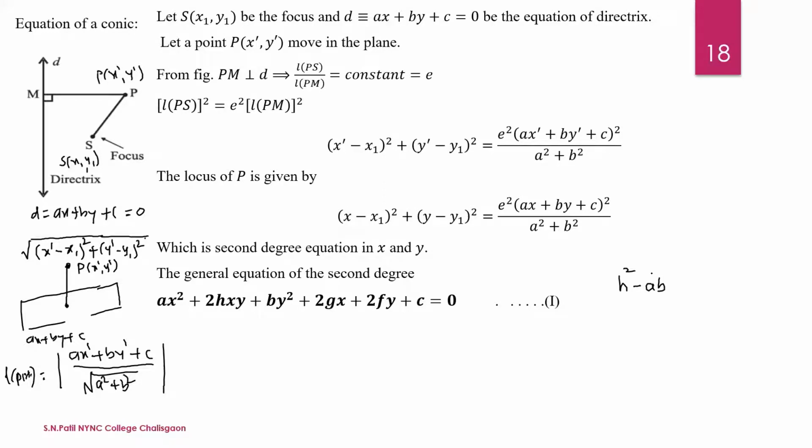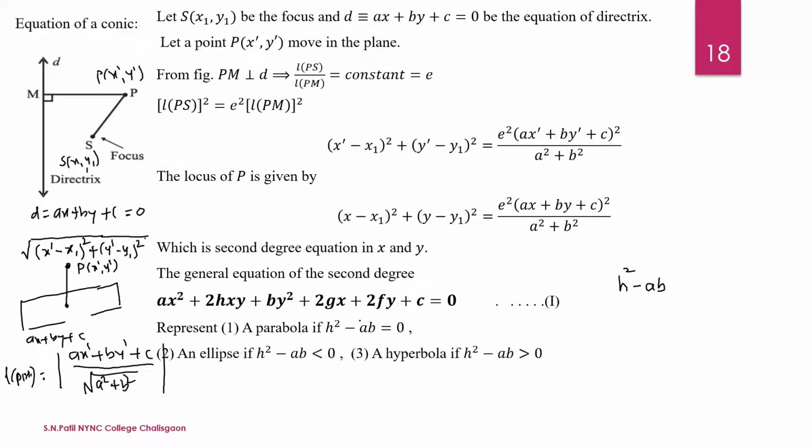If this value is equal to 0, h square minus ab is 0, then equation 1 is called a parabola. If h square minus ab is negative, less than 0, then equation 1 is called an ellipse.